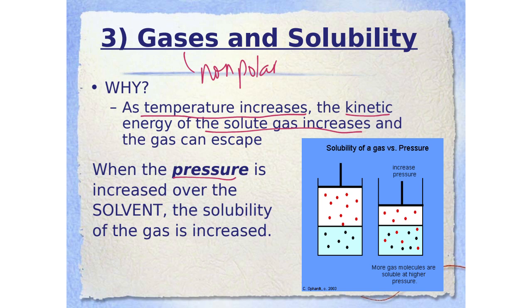This is why we tend to cool down carbonated beverages or solutions that include gases in order to allow them to dissolve a little bit better. When they have less kinetic energy, they're more apt to stay put in solution than try to escape it.